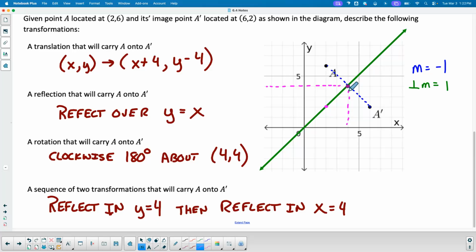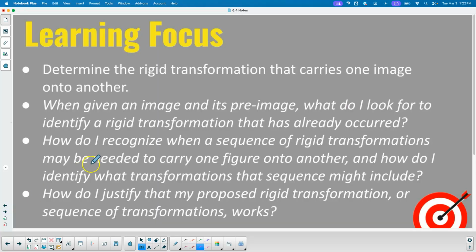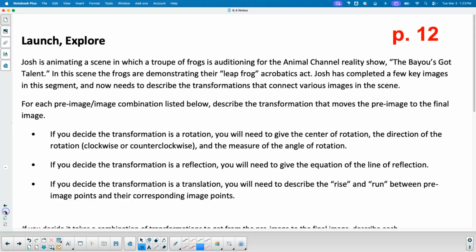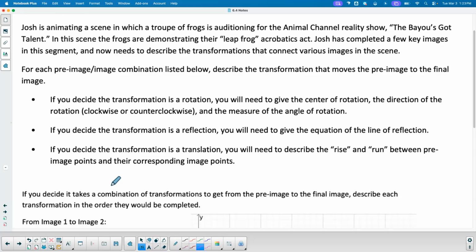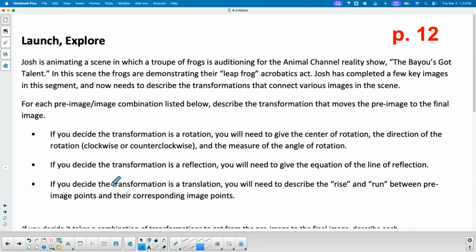Love it. Let's talk frogs. Okay. So Josh is animating a scene in which a troop of frogs is auditioning for the Animal Channel reality show, The Bayou's Got Talent.